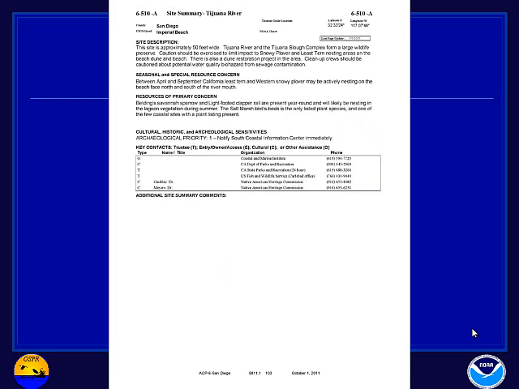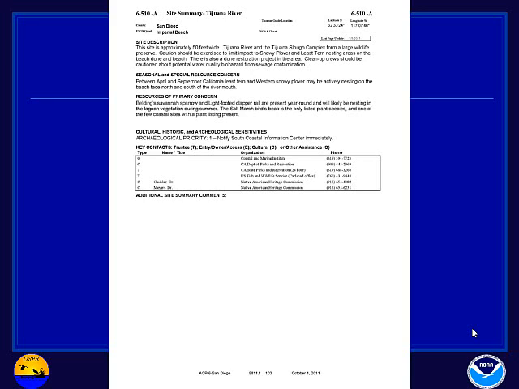So here's an example of a sensitive site in San Diego County. It's the Tijuana River. It gives a site description. It gives some of your special and seasonal resources of concern, and then it gives the primary resource of concern. So you have endangered birds, clapper rails in the marsh, you have lagoon, salt marsh, very important sensitive habitats.